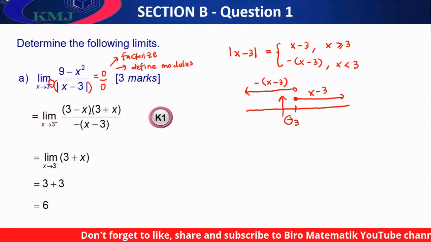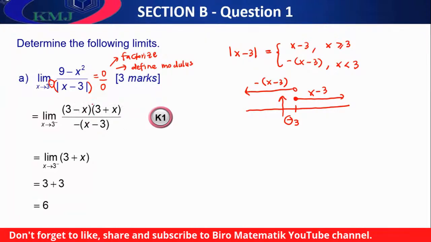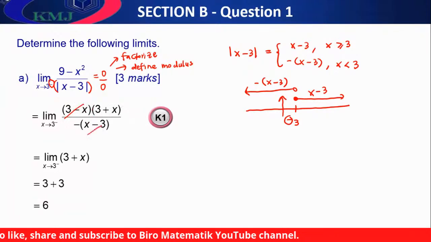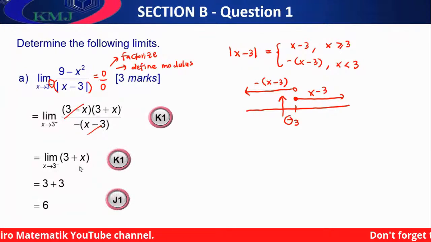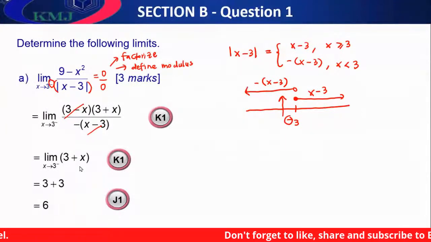After that, we can cancel this one, simplify and substitute the value of x. K1, and the final answer is 6, J1.